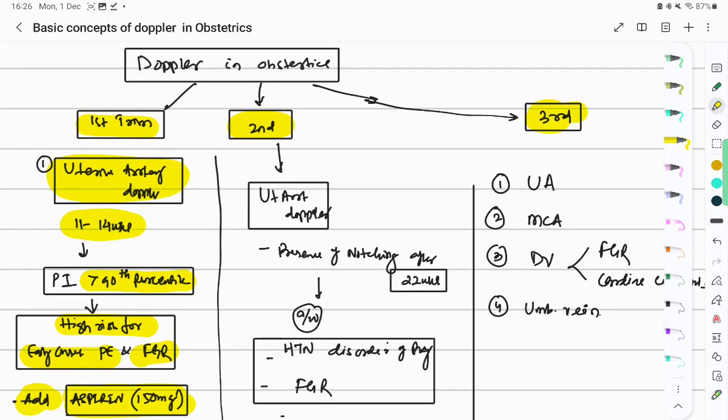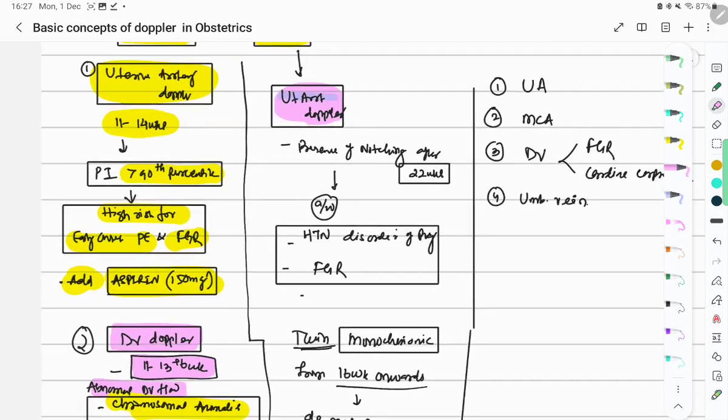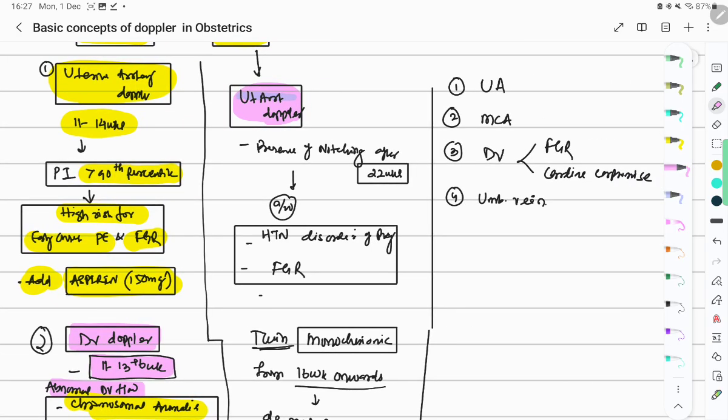Next, in the second trimester, we again do uterine Doppler. Normally before trophoblastic invasion, there is decreased diastolic flow in the uterine Doppler. After trophoblastic invasion, the vessels become dilated, a permanent state of dilation.